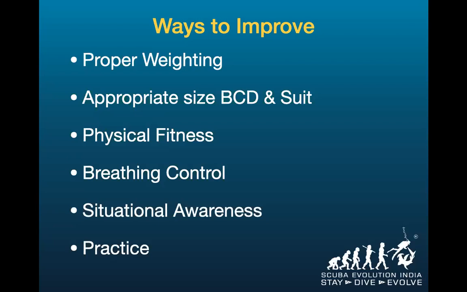So be careful about what that is. Some different BCD styles, especially the travel ones, have much smaller bladders and give you much smaller lift than what you would be expecting. And the size also depends upon the physical size. It's not just the bladder size. So these are things which you need to pay attention to when you are buying a BCD.